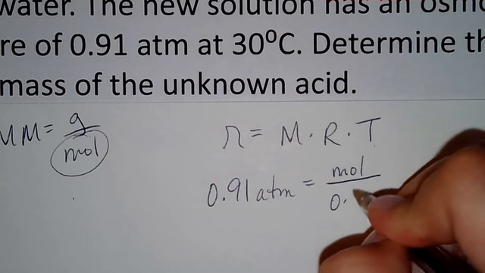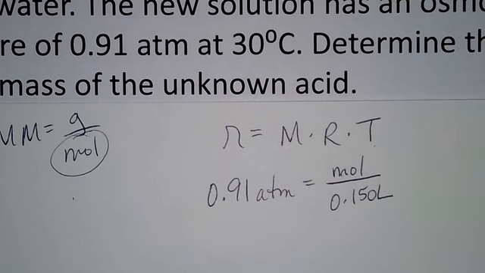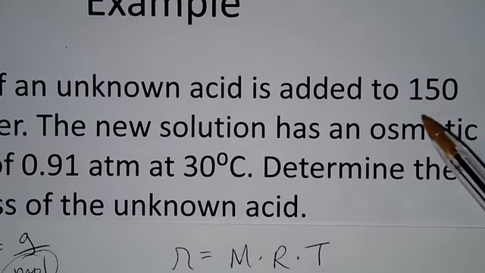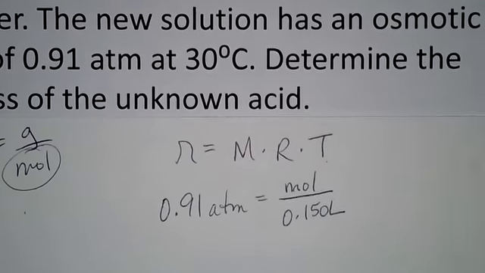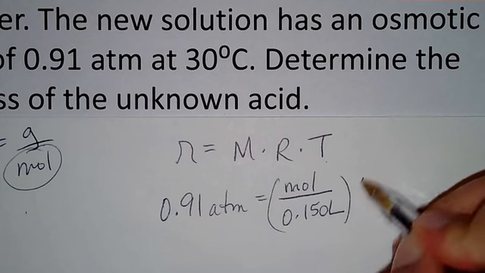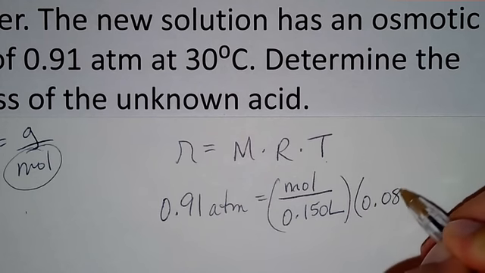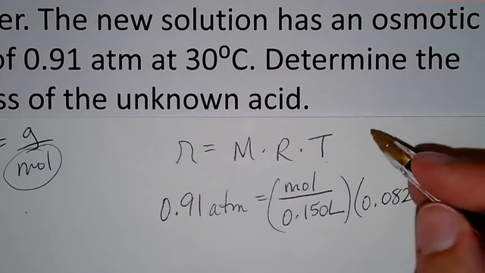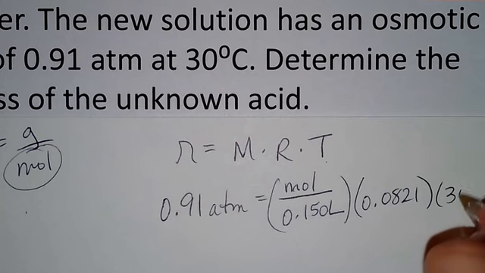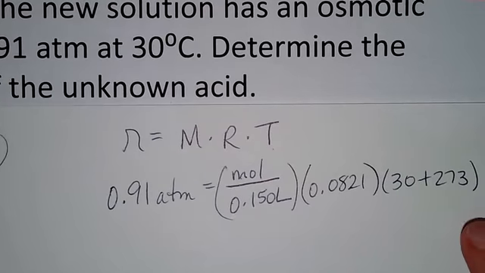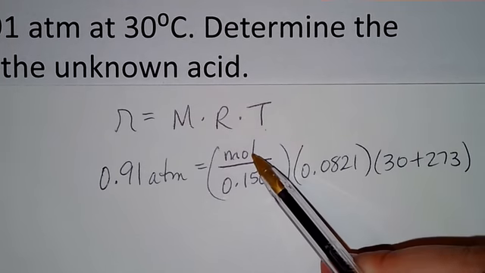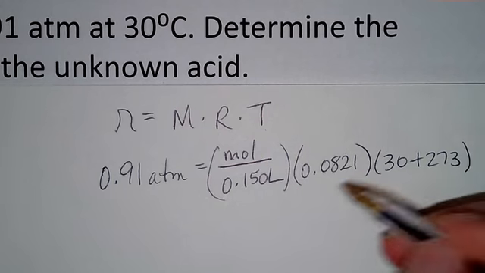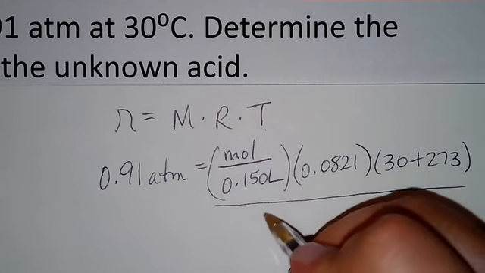And I'm getting this from the 150 mL that we have, just converting that to liters, times our R value, times our temperature, which is 30 plus 273. So we have to use Kelvin. Alright, so this will allow us to solve for moles, which is what we need. So we're going to divide both sides by our R and our temperature.